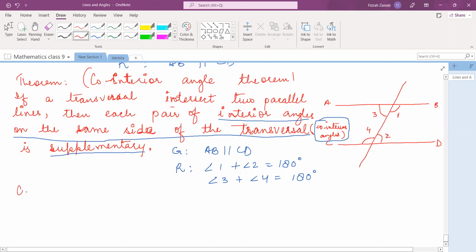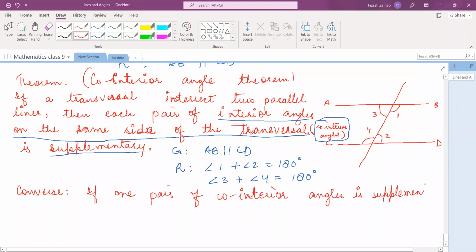Now the converse, I'll write in short. So the converse will be the inverse thing: if one pair of co-interior angles is supplementary, right? If one pair of co-interior angles is supplementary, then the lines are parallel.